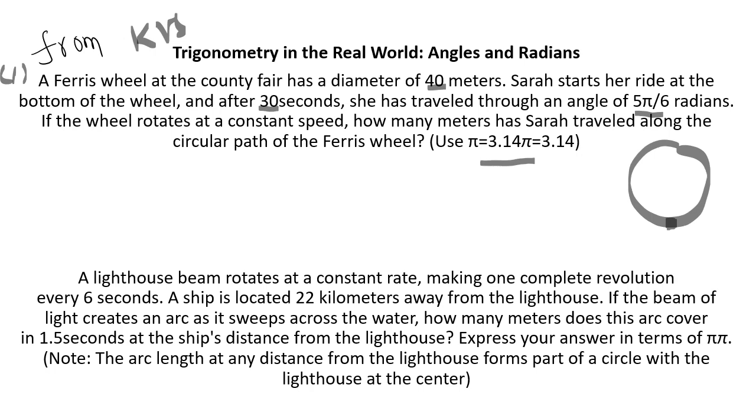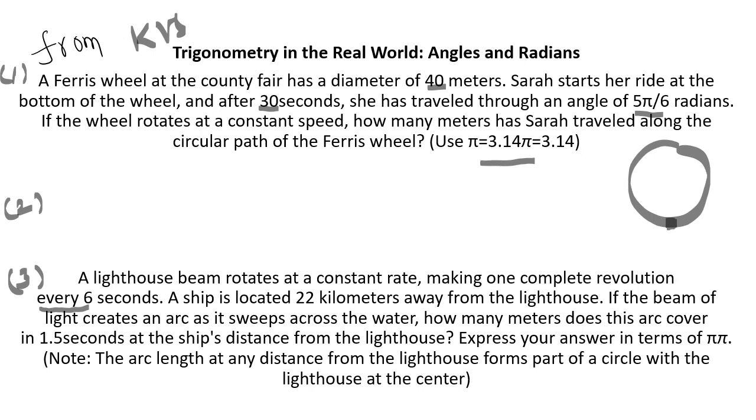Question number 2 is based on a satellite. And question number 3: a lighthouse beam at the top of the lighthouse rotates at a constant rate, making one complete revolution every 6 seconds.